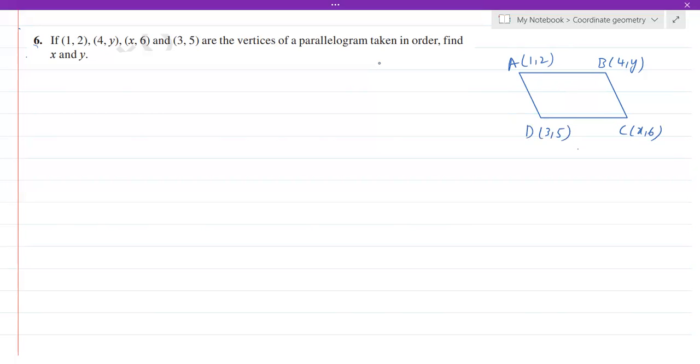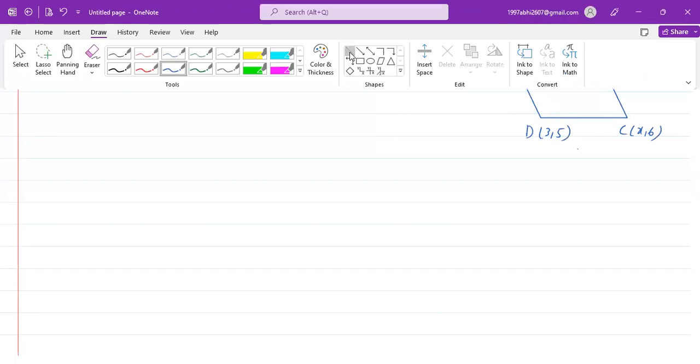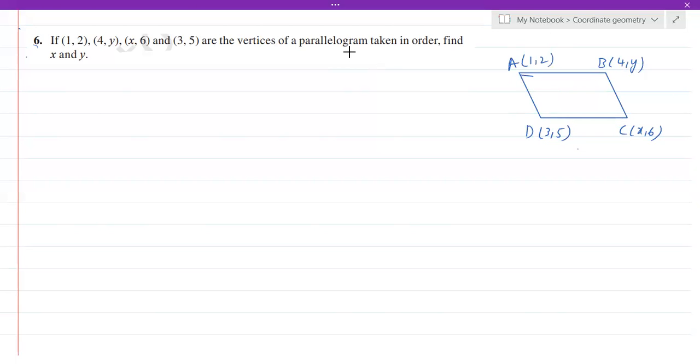Okay, so this is a parallelogram whose coordinates are given. What we have to find is the value of the missing values, that is x and y. Okay, so here we are going to use the midpoint formula. Okay, so let's draw the diagonals of the parallelogram.